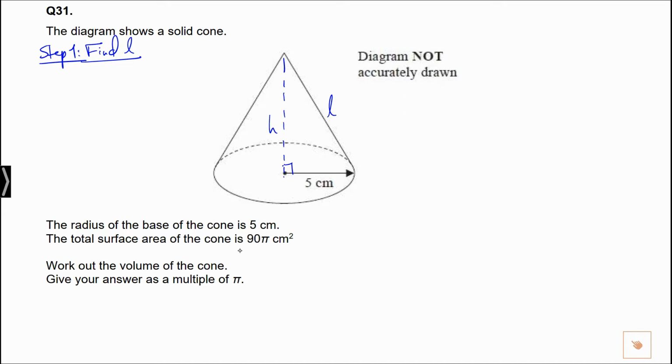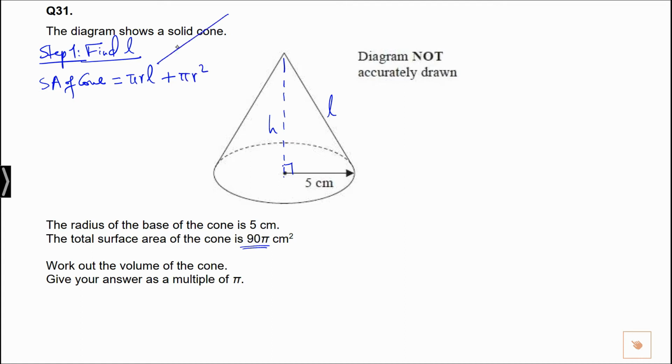So to do that, we'll use the formula for surface area of a cone. Surface area of a cone is given by pi r l, which is the area of the curved surface, plus the base, which is just the area of a circle, pi r squared.